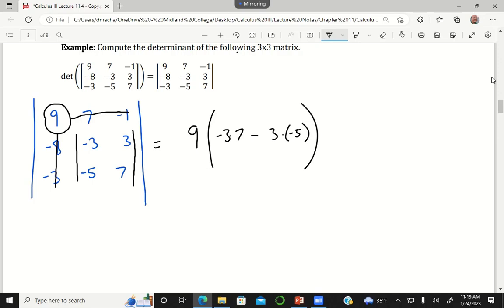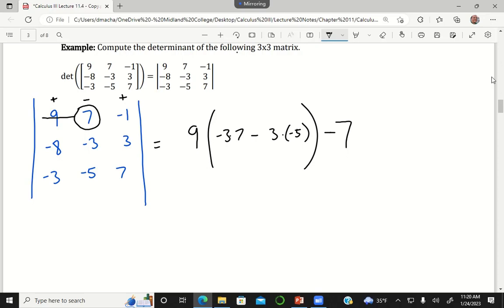So we do the 9 in the upper left corner, we forget about these numbers that are in the same row, in the same column as the 9, and then we take the determinant of the 2x2 matrix that's left. Okay, then we're moving on. Then, and this is the crazy part, we're going to subtract the 7 on the top row. So now I'm thinking about this 7.